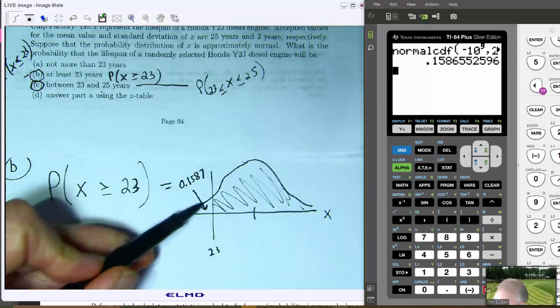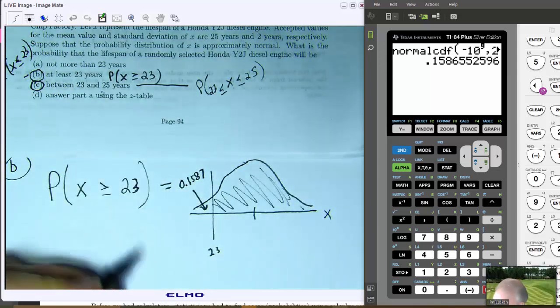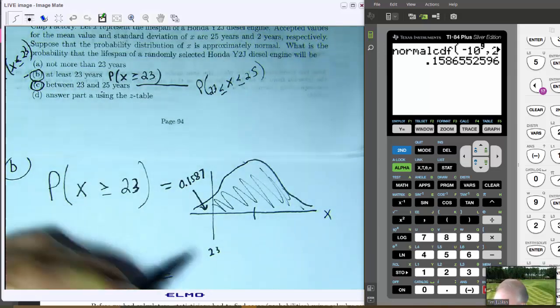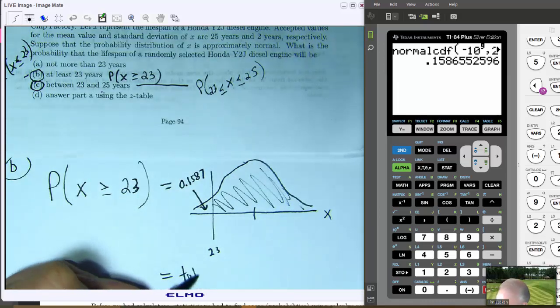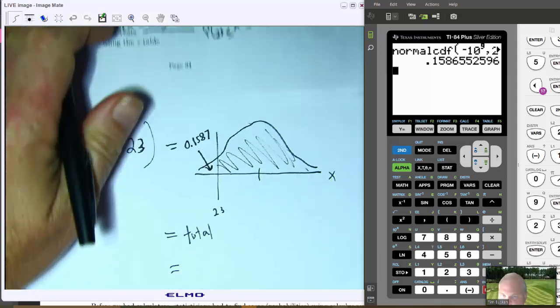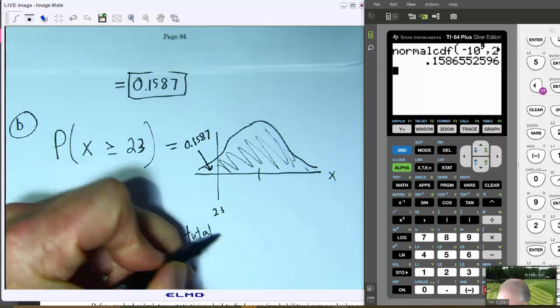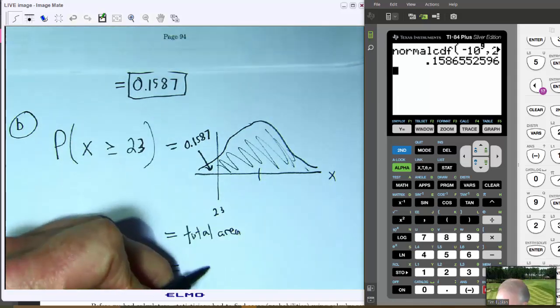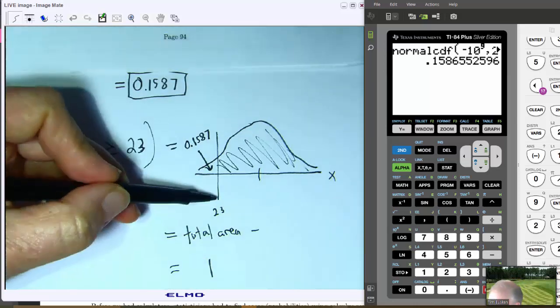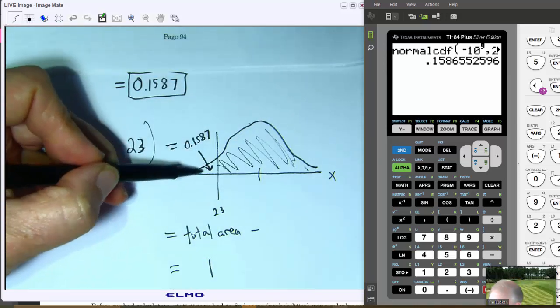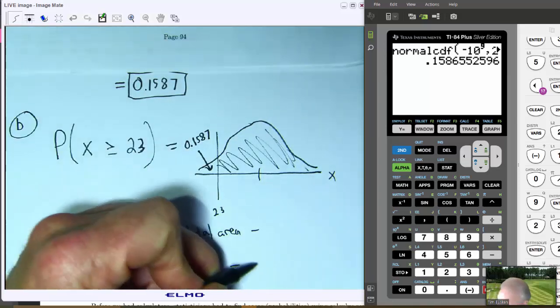But since the total area is 1, we can just take the total area, which is 1, and subtract the area left of 23 from that.